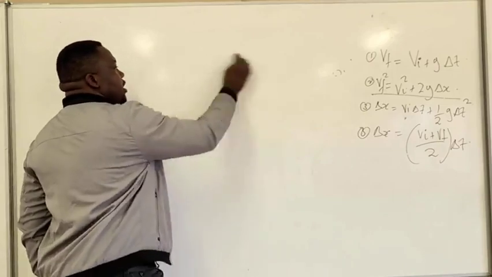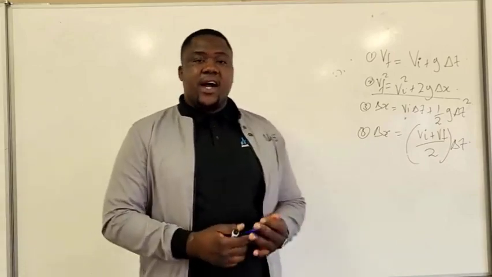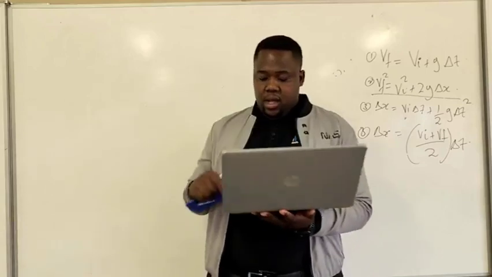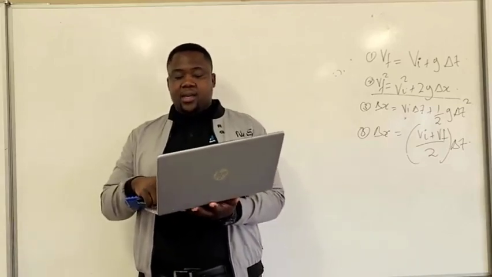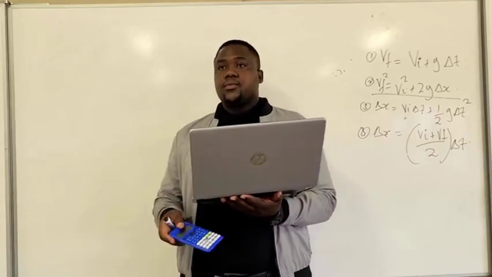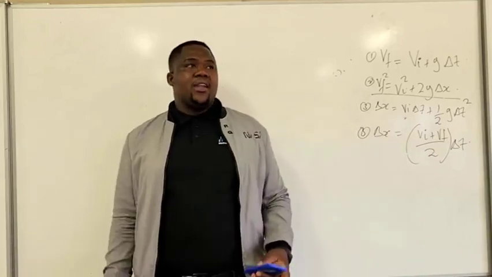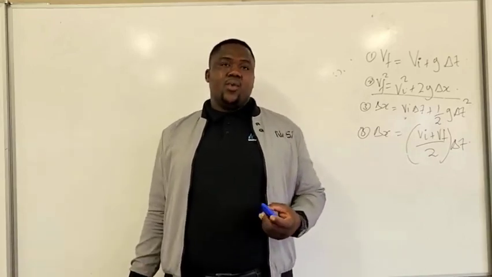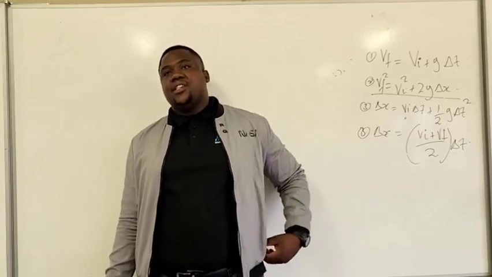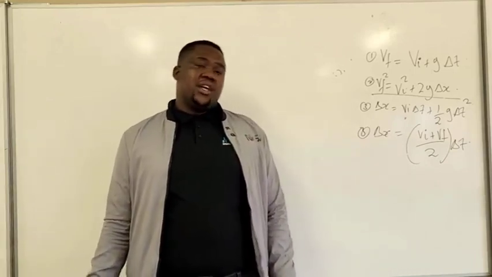Okay. Ladies and gentlemen, for question number 7, we are done. I want us to go to another question, one that is going to have a hot air balloon. Remember when I was teaching you lesson number 1, I was explaining what the word projectile means. A projectile is an object that has been given initial velocity and it moves under the influence of gravitational force only.